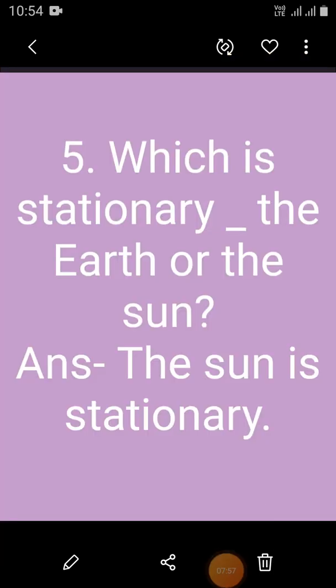Next question. Which is stationary, the earth or the sun? And the answer is the sun is stationary.